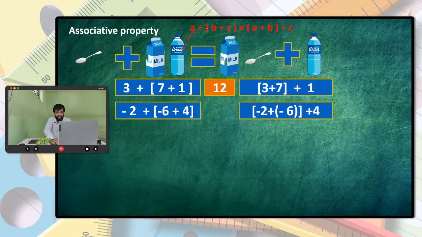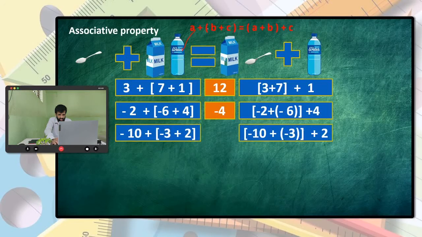Let's take another example. Minus 2, which is a negative integer, and I have minus 6, which is again a negative integer, plus 4. What is the answer? The answer is minus 4 in one case, and in the second case also it is the same. Let us try another one. Negative 10 plus negative 3 plus 2.